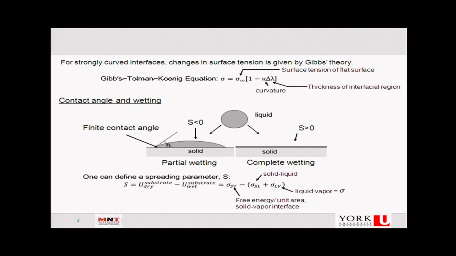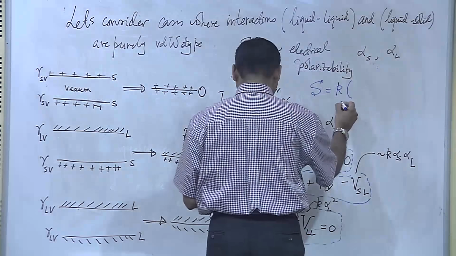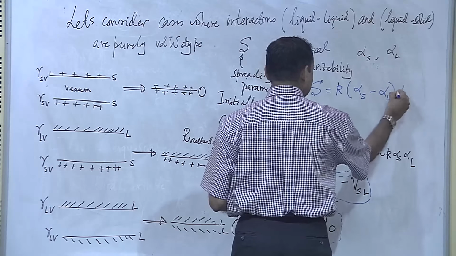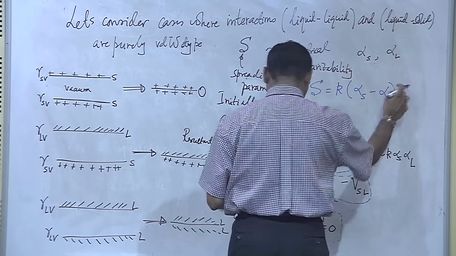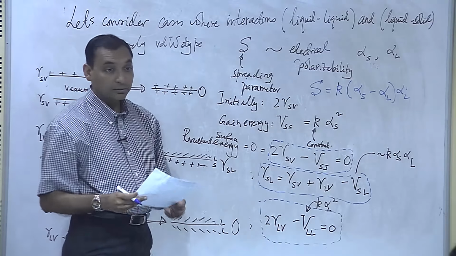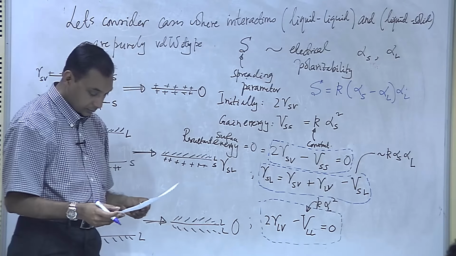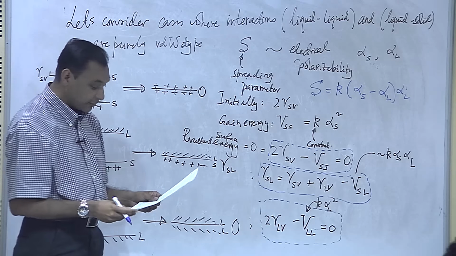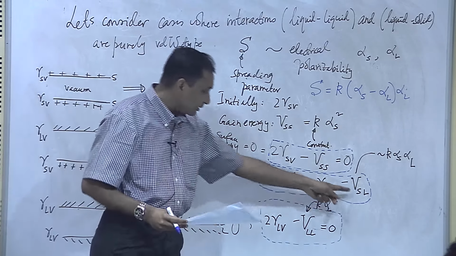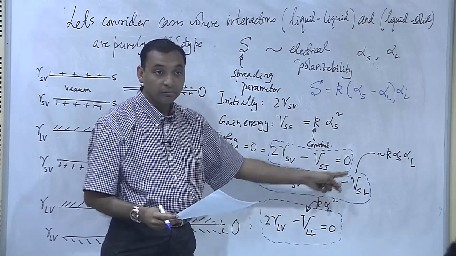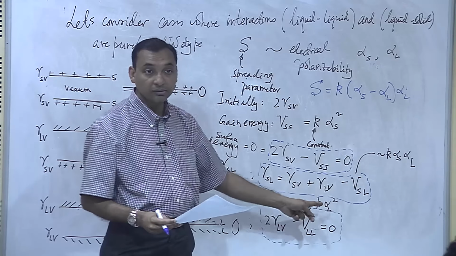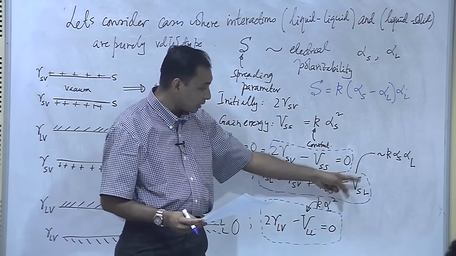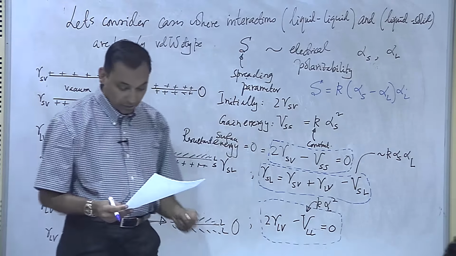So, it will be K times alpha s minus alpha L times alpha L, correct. Because essentially you will have a VSL minus VLL will come up, right, others cancel out, is that correct? So, the van der Waal interaction between the solid-liquid and liquid-liquid will eventually remain.